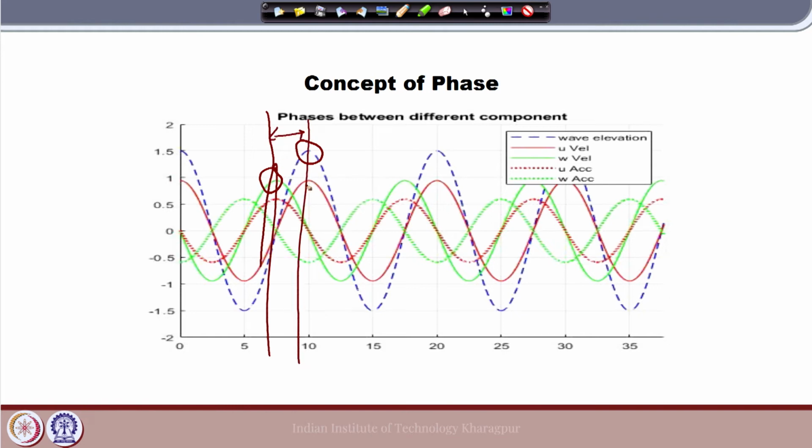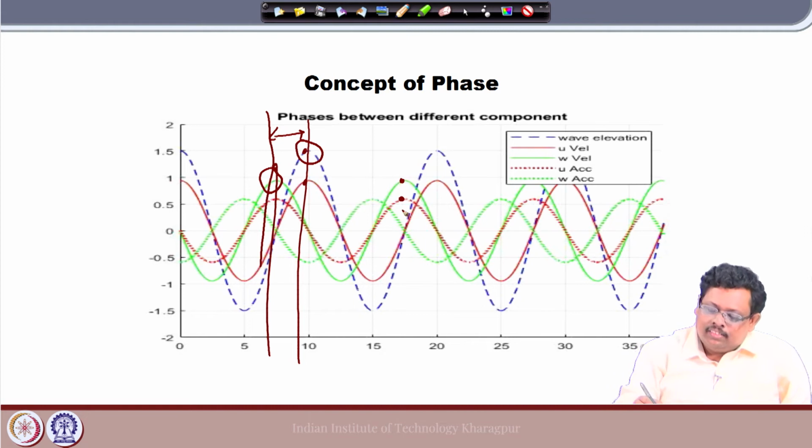Now, you can see the red and blue are both in the same phase, right, because both reach the maximum at the same time. And you can see the dotted line and the green line are almost in the same phase, right.